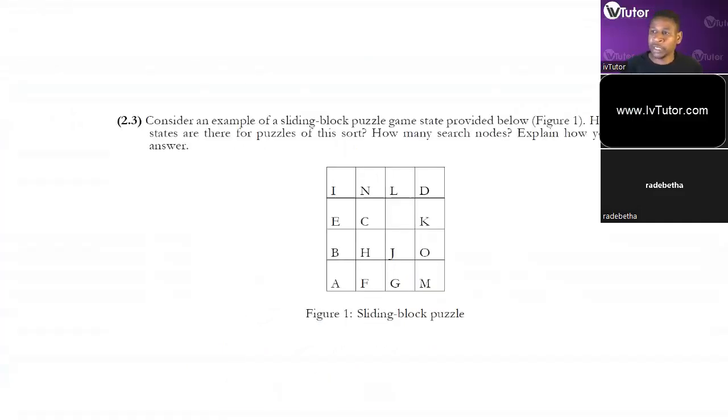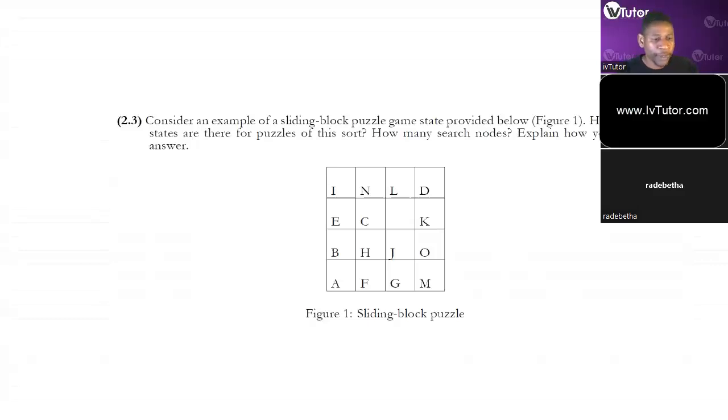Consider an example of a sliding block puzzle, right? Game stated below, figure 1. How many distinct states are there for puzzles of this sort? How many search nodes? Explain how you reached your answer.